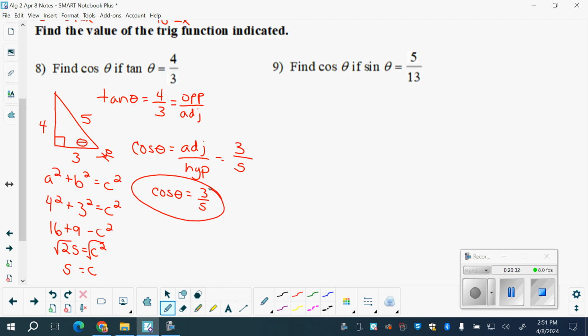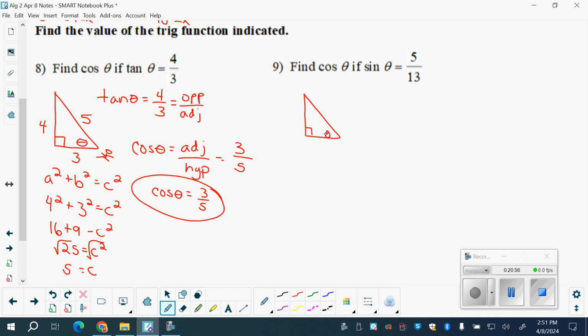Okay, so let's do one more. We're going to draw a triangle, and then we're going to make one of those angles, what do we call these angles here? Geometry word. If they're less than 90, they would be acute. So one of these two acute angles would be your theta.